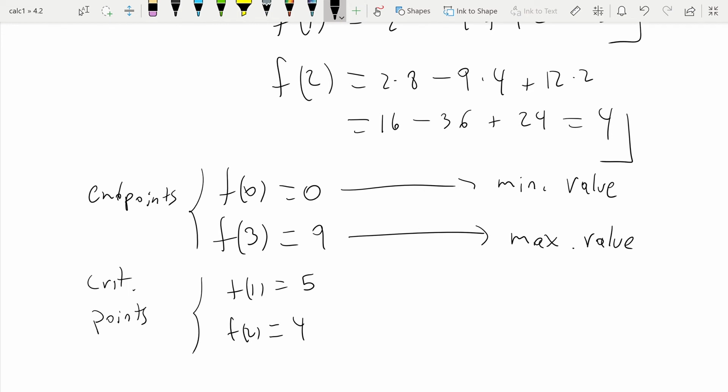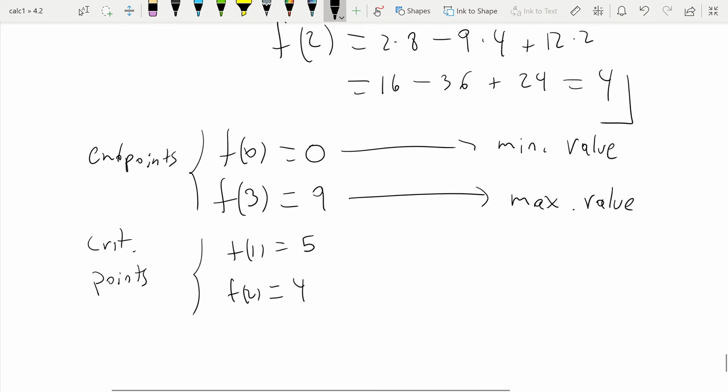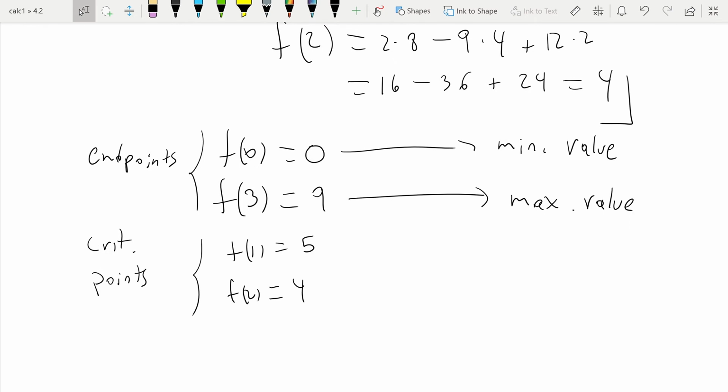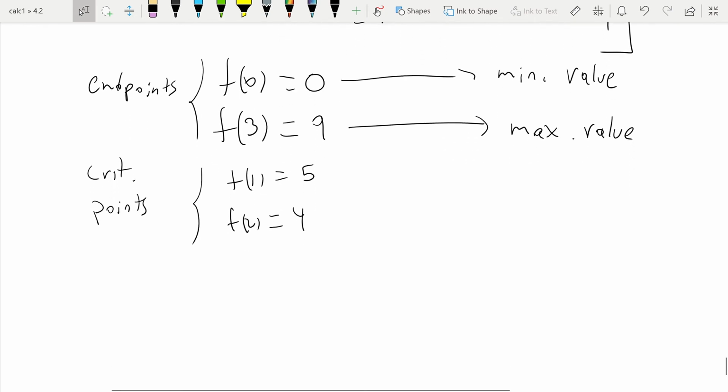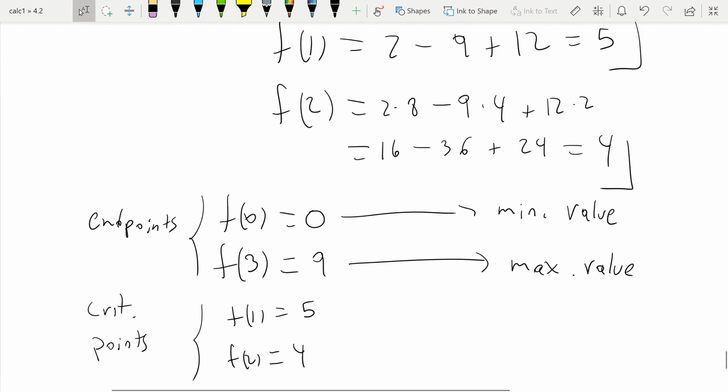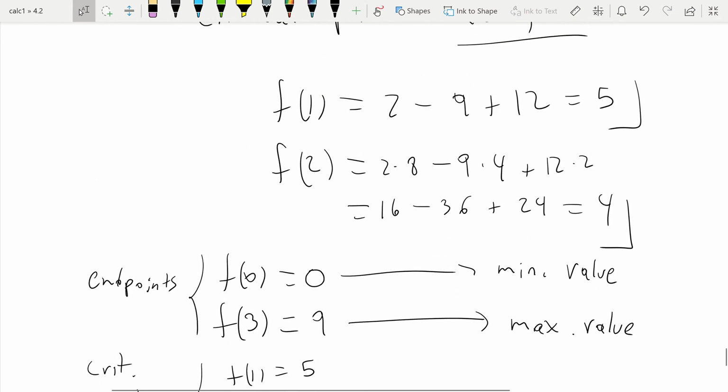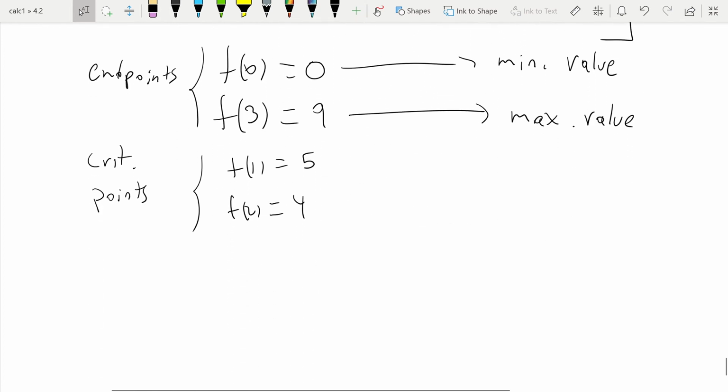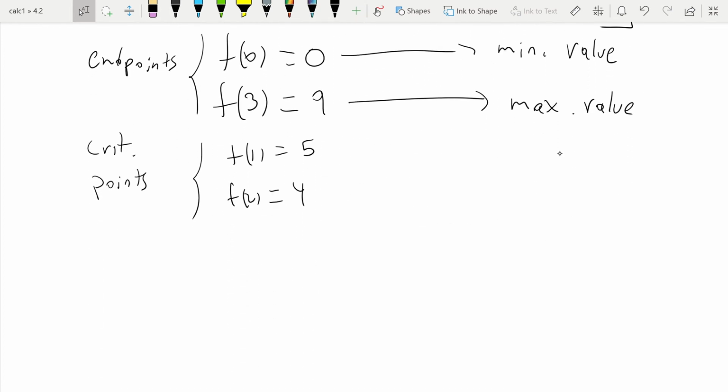So neither one of the critical points gives us an extreme value. But this is when we're looking at the function on the interval [0, 3]. So what happens now when we look at [0, 2]? Here we only have one critical point.